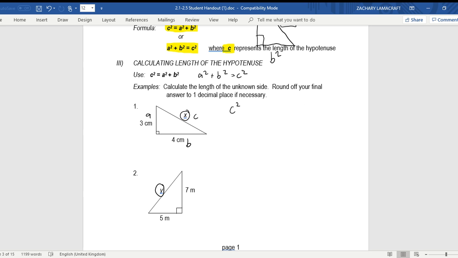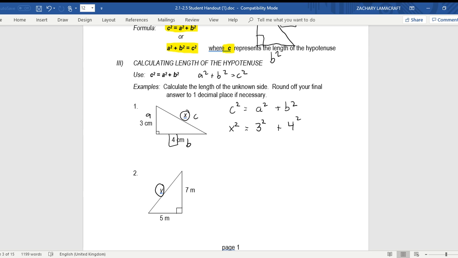So if we use C squared equals A squared plus B squared as our formula, we can just fill in what we know here. So C is actually X, so it'd be X squared equals A, which is 3 squared, plus B, which is 4 squared.